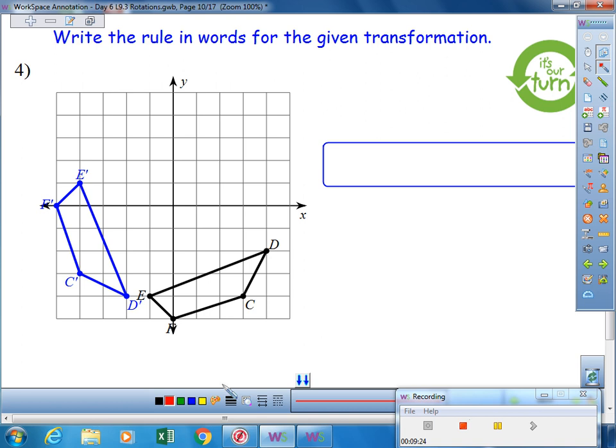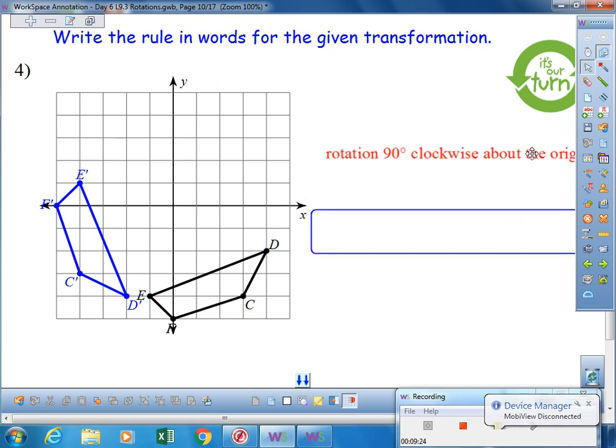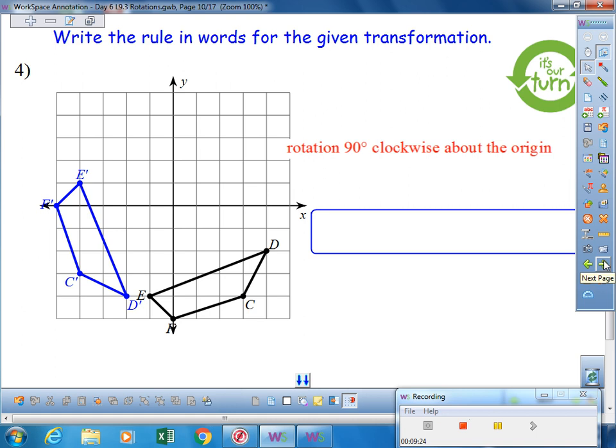Okay, what's my rule? Rotation. 90 degrees clockwise rotation about the origin? That is correct. No, you can go back to class.